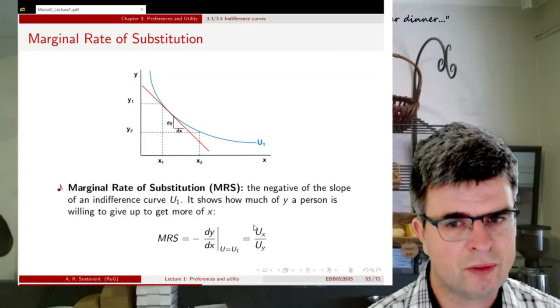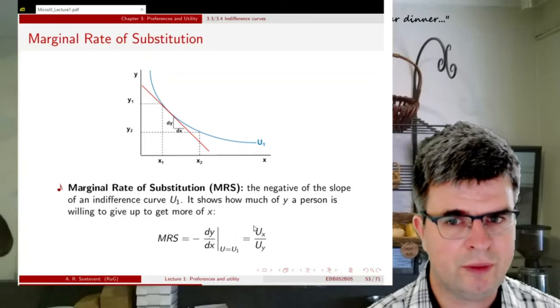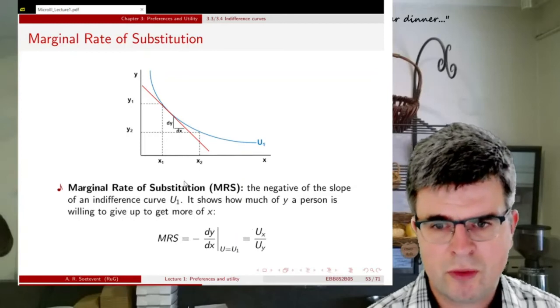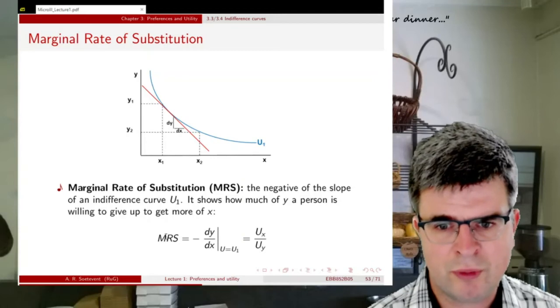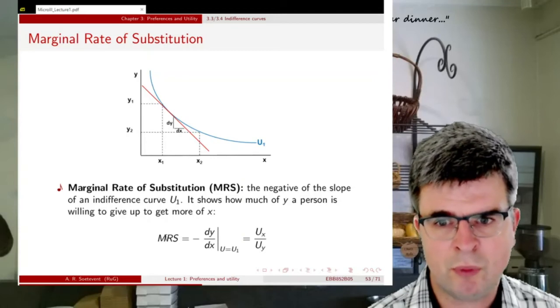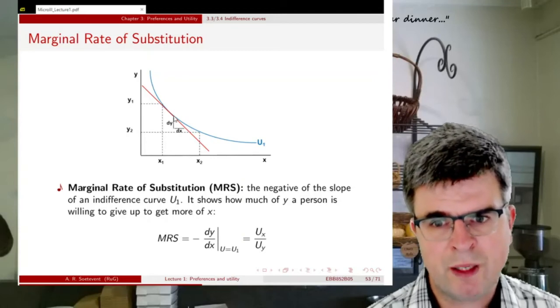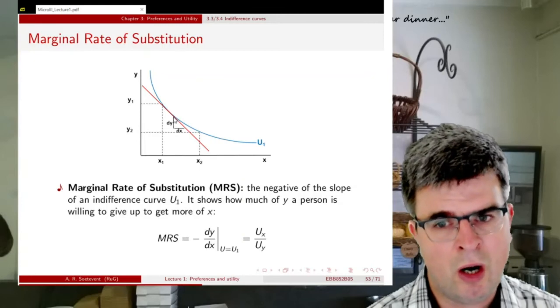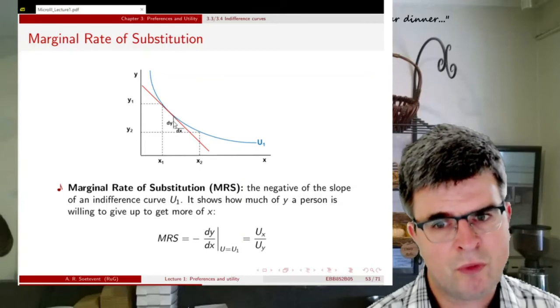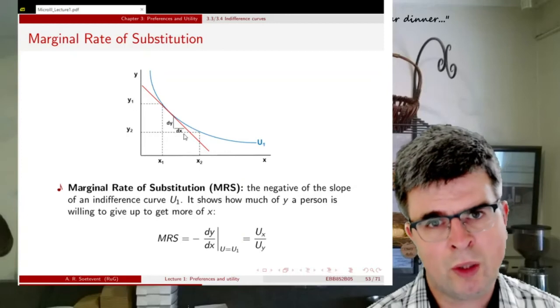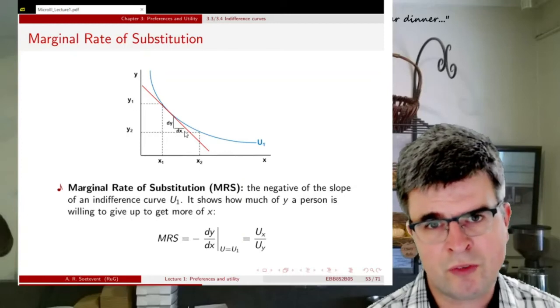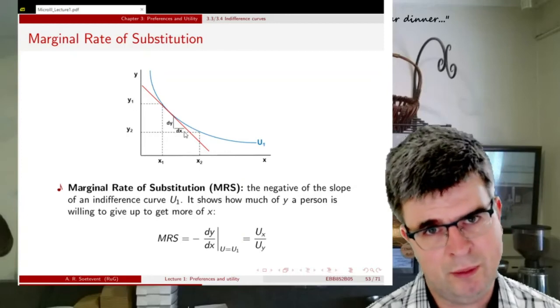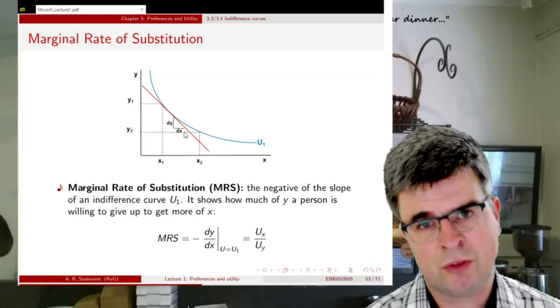And the intuition is clear. For example, if the marginal rate of substitution is equal to -3, it means that you are willing to give up 3 units of y in order to get 1 additional unit of x, and you stay on the same indifference curve, you keep the same utility level.